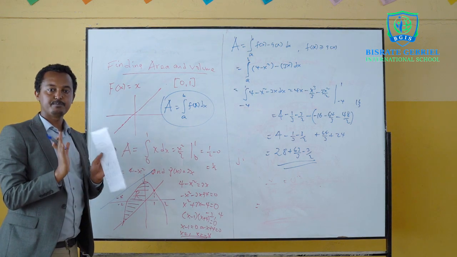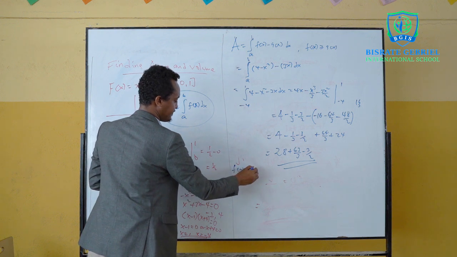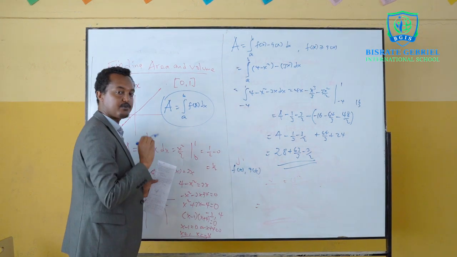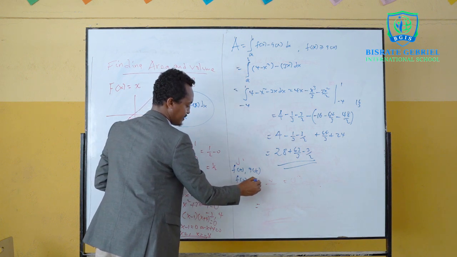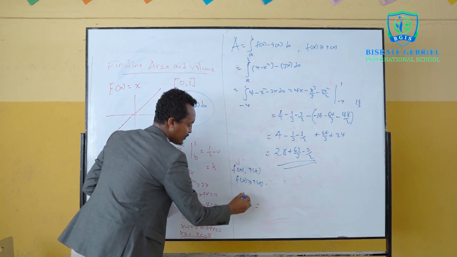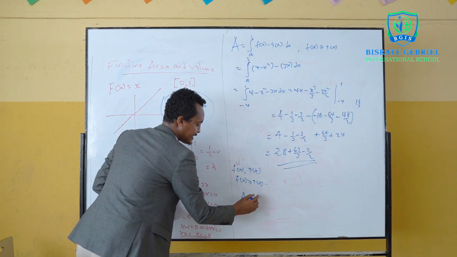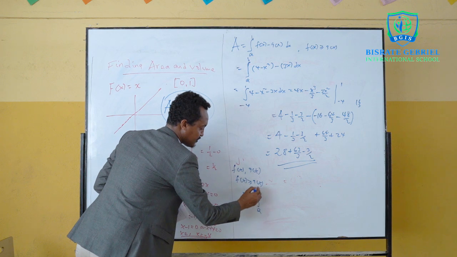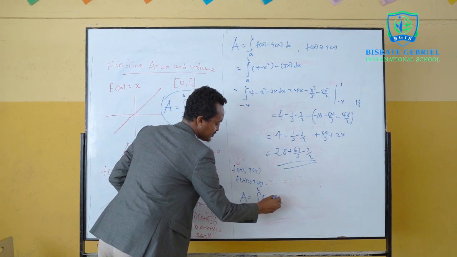When the region is formed between two functions, like f of x and g of x, first we choose which function is greater. For example, if f of x is greater than g of x, the region formed between these two functions is the integration between the intersection points of those graphs of f of x minus g of x.